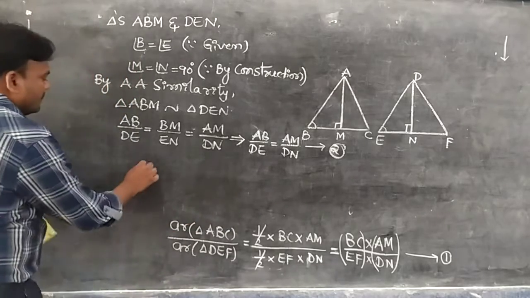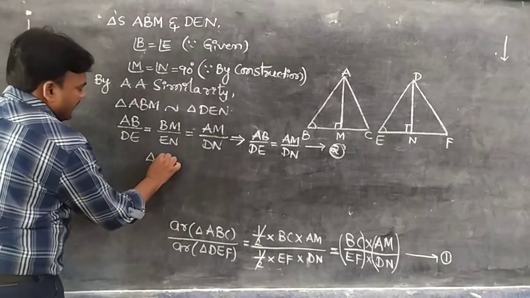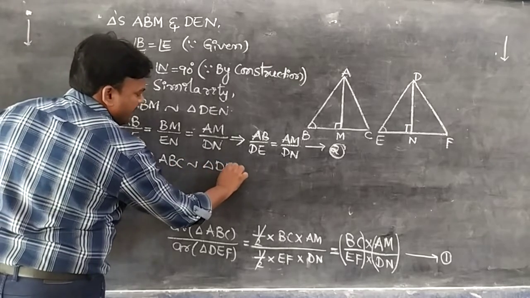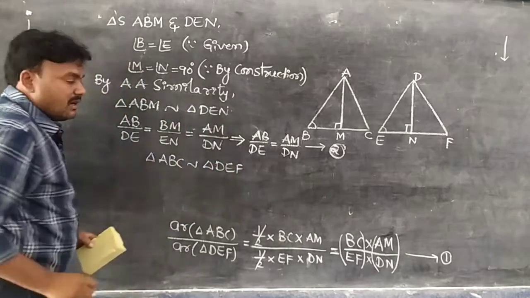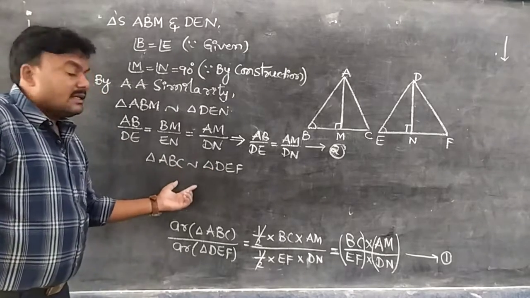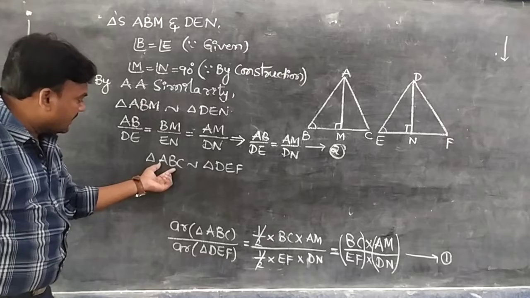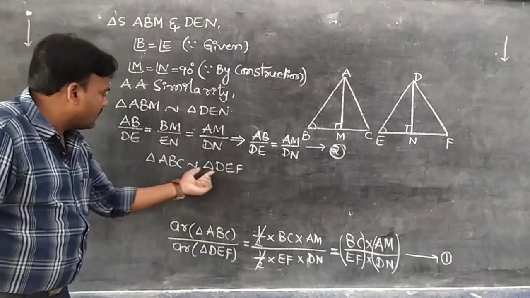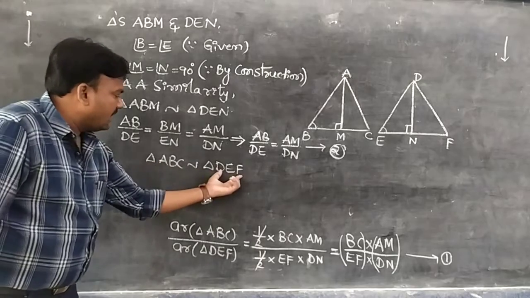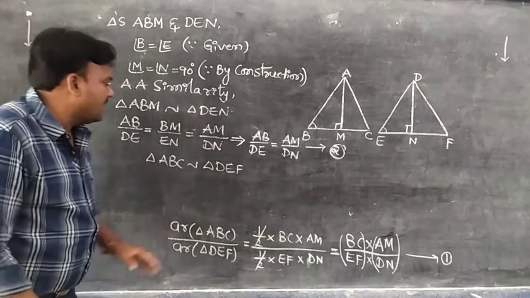Yes, triangle ABC is similar to triangle DEF, already given according to the problem. If both triangles are similar, automatically their ratios are equal. Here AB by DE equals BC by EF equals AC by DF. We find BC by EF only.